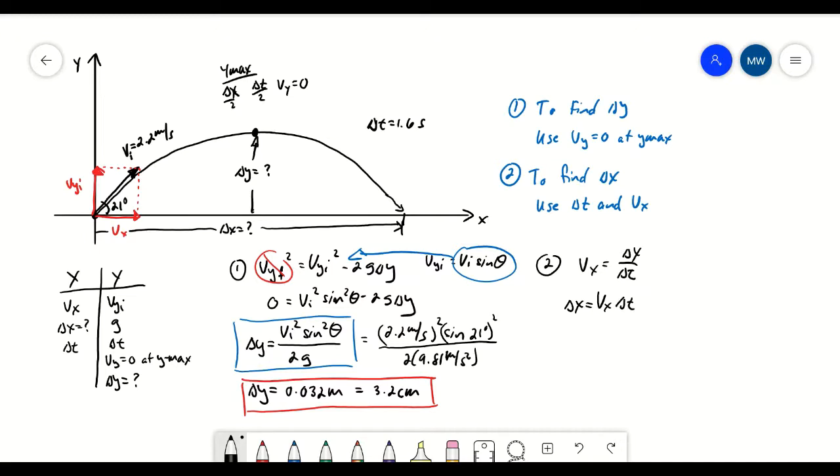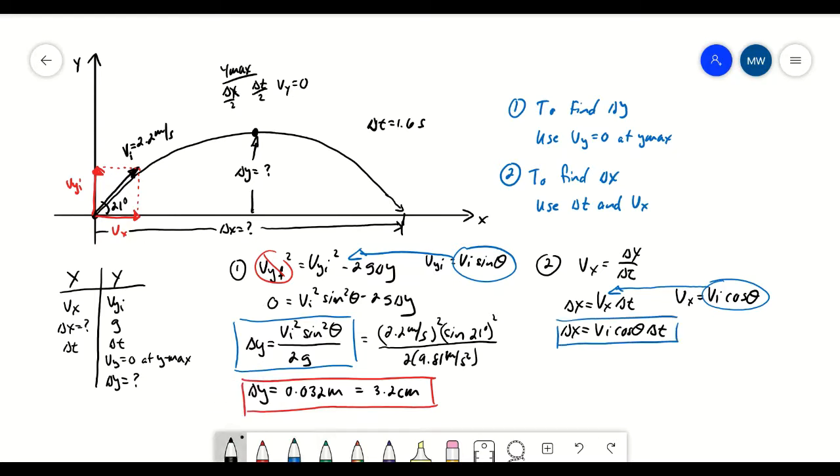Just like with our y direction, because we are launched at an angle, Vx equals Vi times the cosine of theta. So I need to do another substitution. I'll put that in for Vx over here, so we have delta x equals Vi cosine theta times delta t.